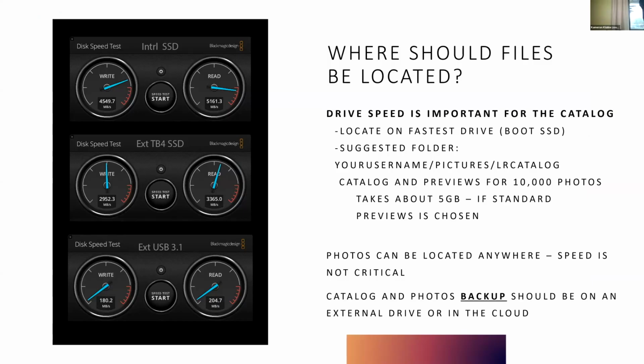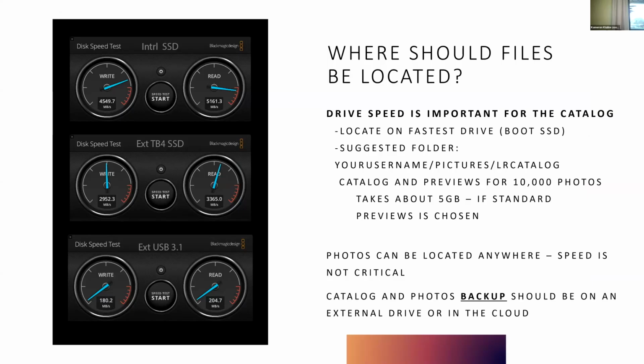And the catalog and previews, depending on which preview you use, matters. The one that will take the least amount of space and be really fast, but you don't see the full detail of your photo, and it's particularly valuable if you shoot raw, is you say use embedded.